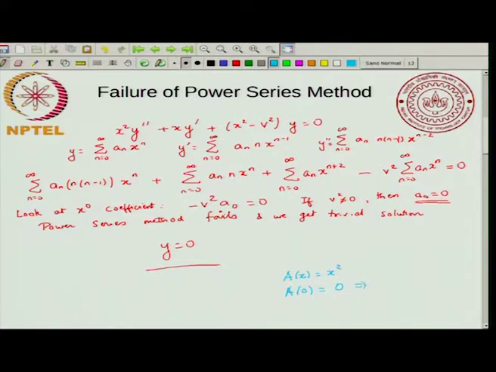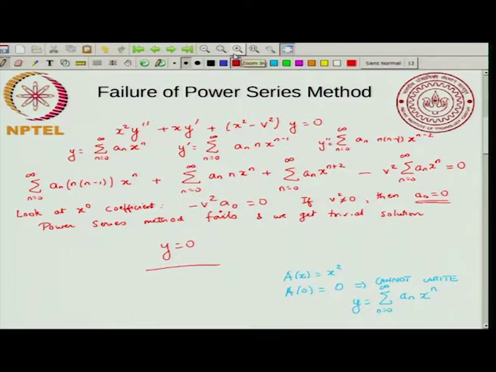So this implies you cannot write y equal to a power series around x equal to 0, the sum from n equal to 0 to infinity of a_n x raised to n. So this was the reason why the power series method failed in this case, because x equal to 0 was a singular point.